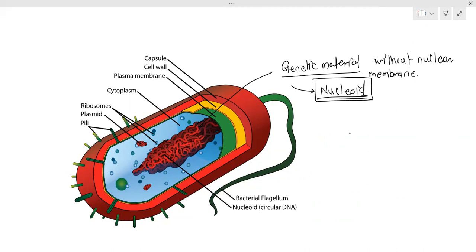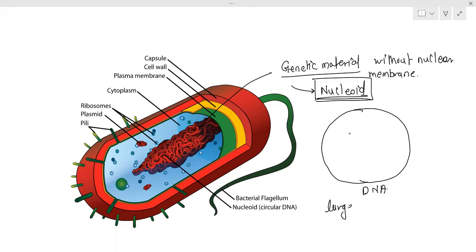Now suppose this genetic material is entangled. It is like a thread, very much gathered together and compactly placed. Suppose I separated it. What I will find is one very large circular DNA.